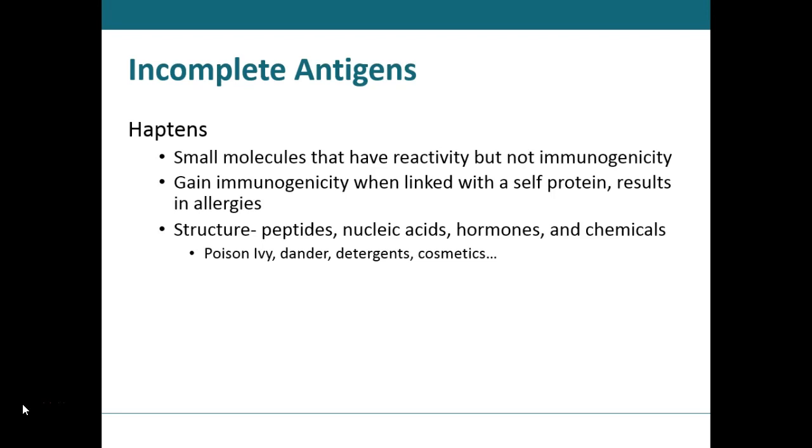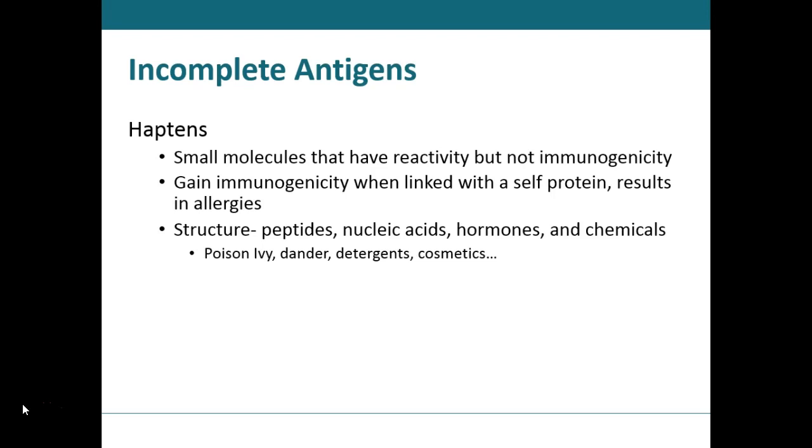Incomplete antigens are something that we call haptens. They're smaller substances that have reactivity, but they lack immunogenicity. So a hapten can stimulate an immune response only when it's bound to a larger carrier molecule. An example of this is the toxins in poison ivy, which trigger an immune response only after the toxin combines with body proteins, carrier molecules.